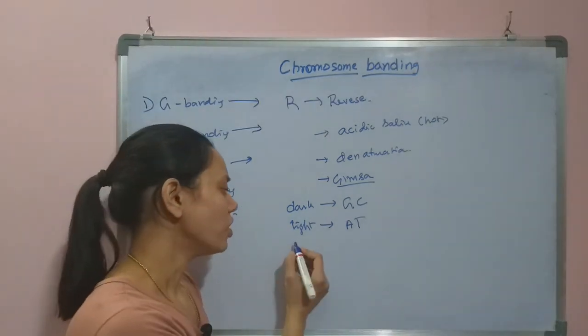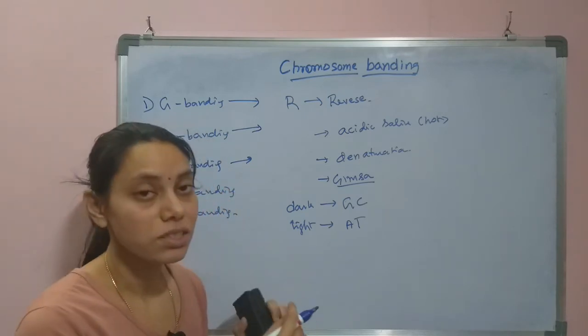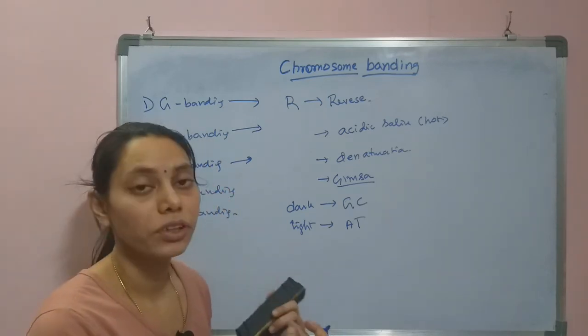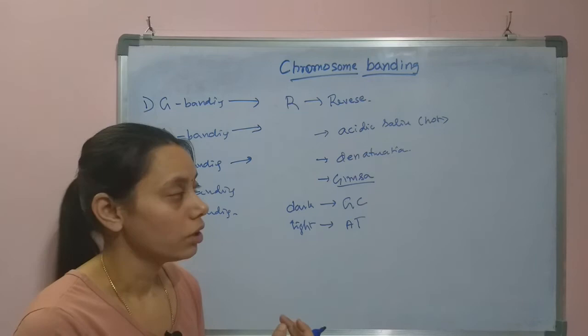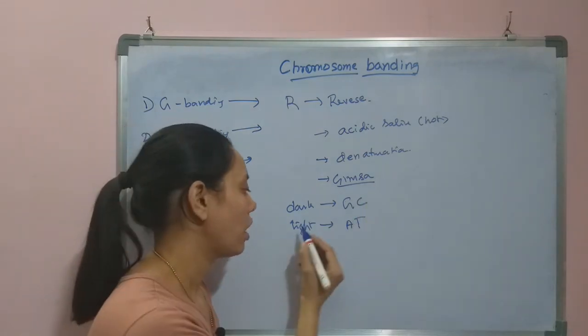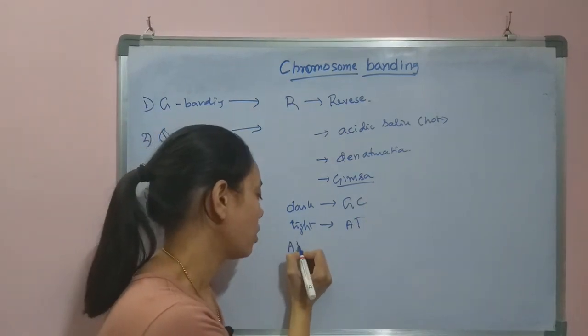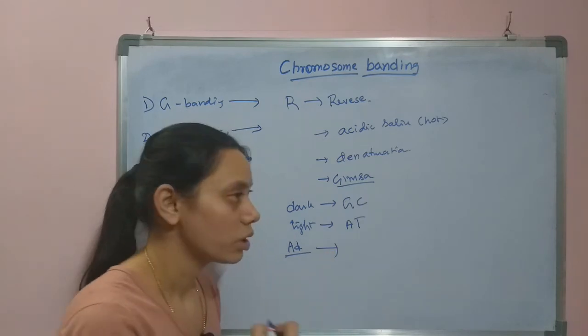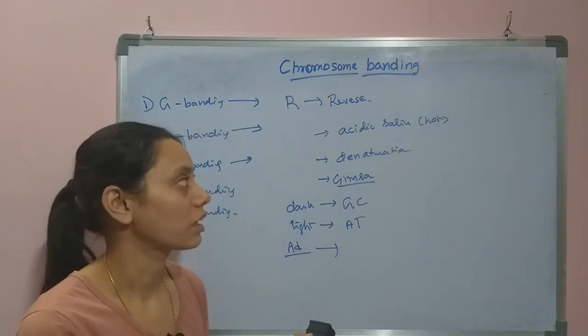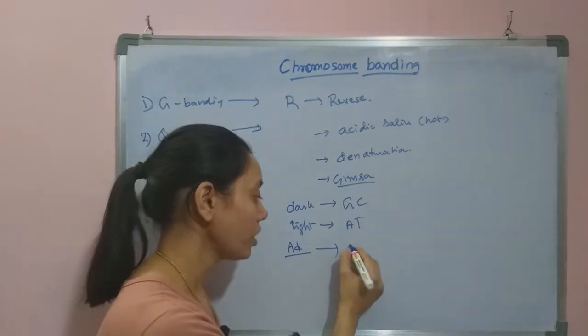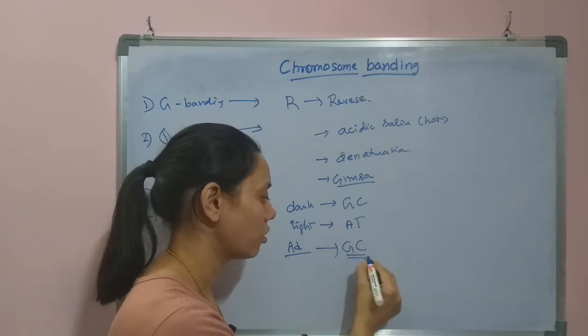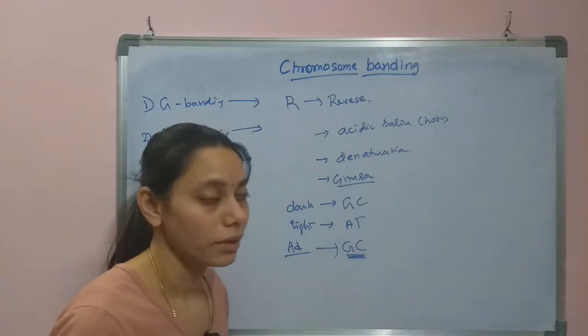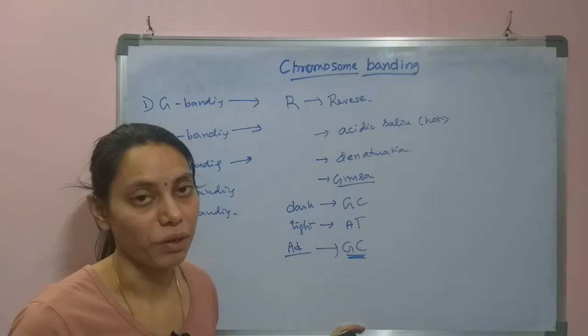This is a particular type of G banding technique, one of the applications of G banding. The advantage of this banding technique is we can find the dark GC bands in this method.